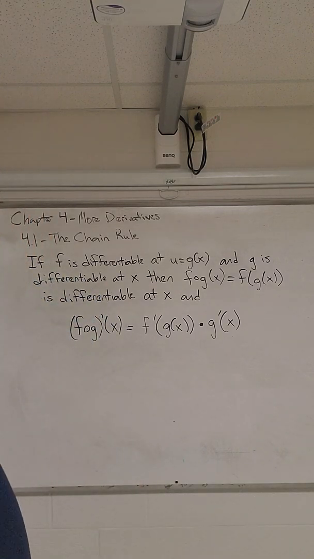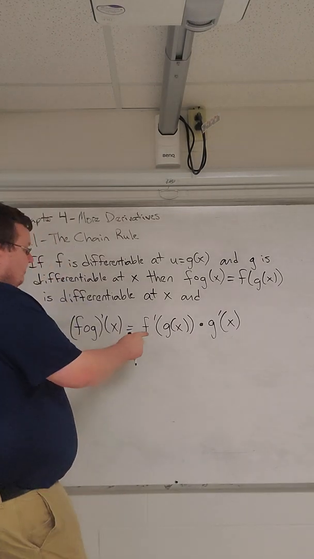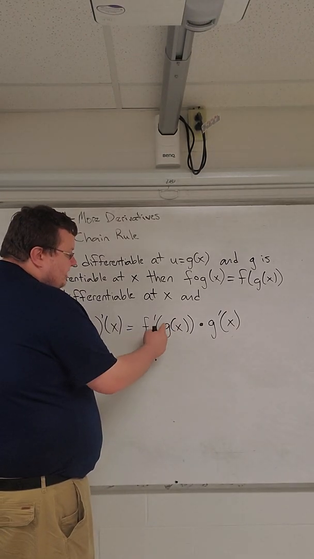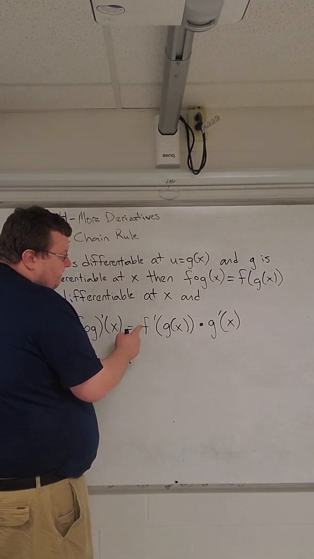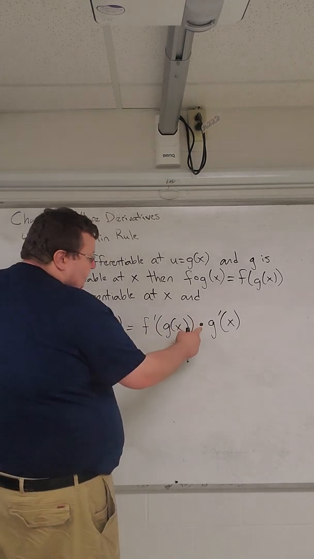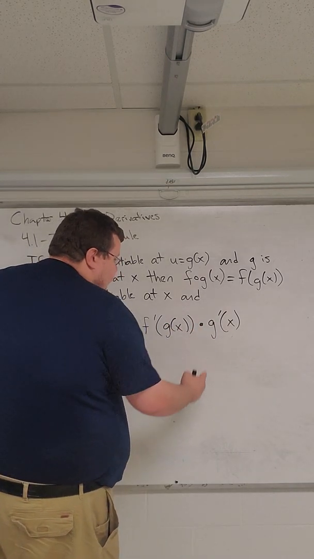F prime of g of x, that's g of x plugged into the derivative of f. Finally, we multiply by the derivative of g.